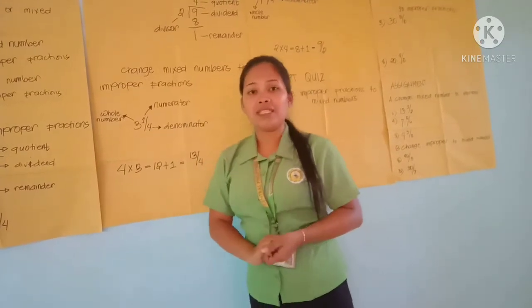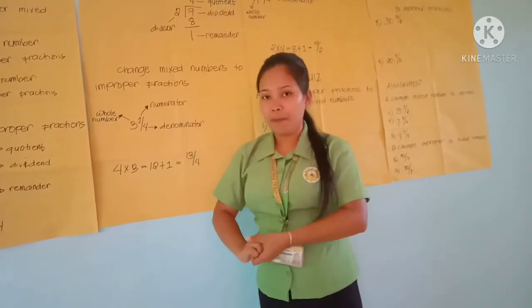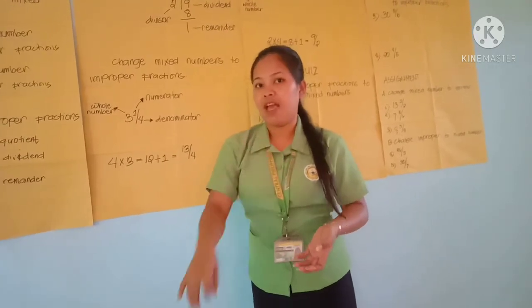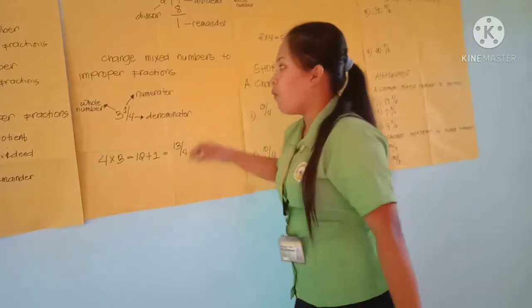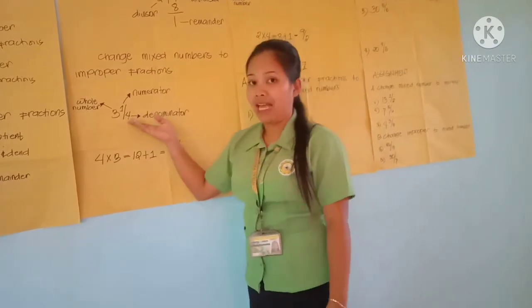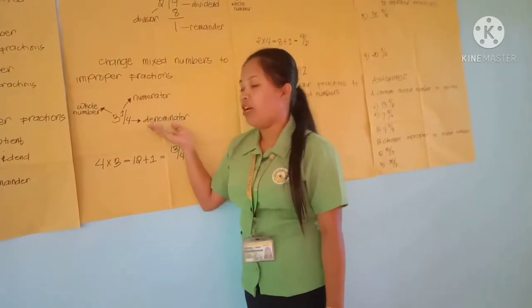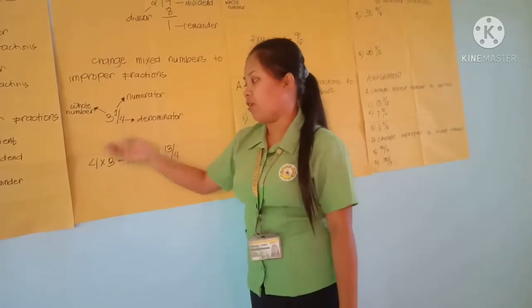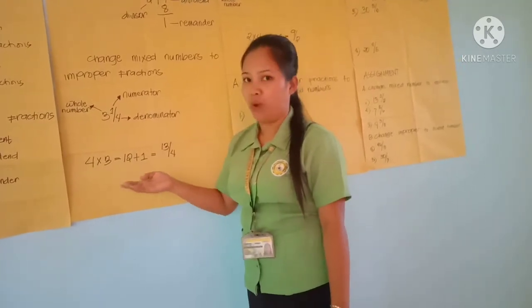In changing mixed numbers into improper fractions, we must follow 3 steps. The first step is we multiply the denominator to our whole number, which is 4 and 3. So 4 times 3 is equal to 12.